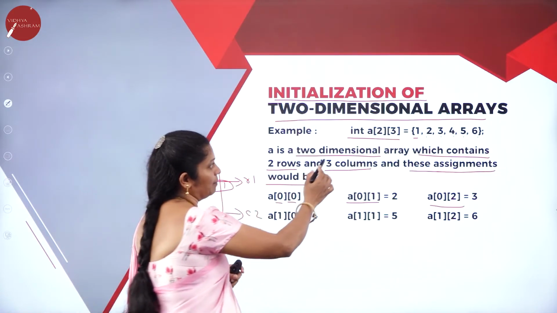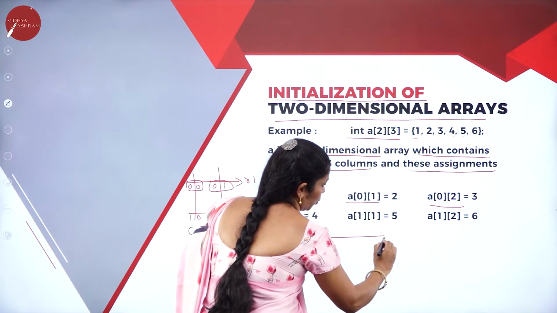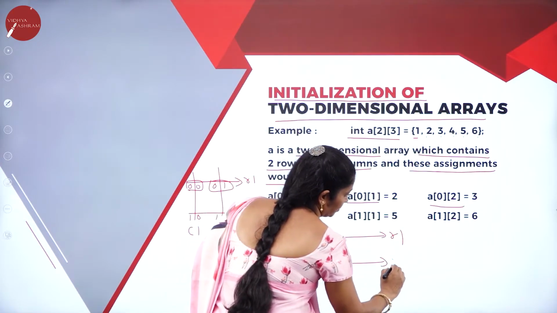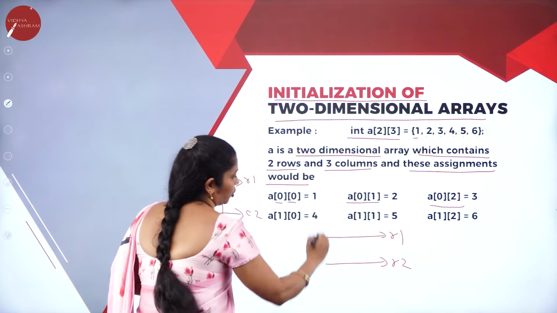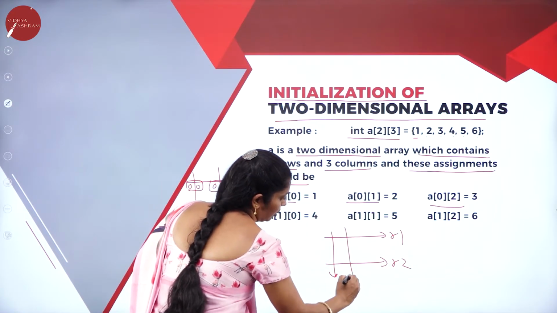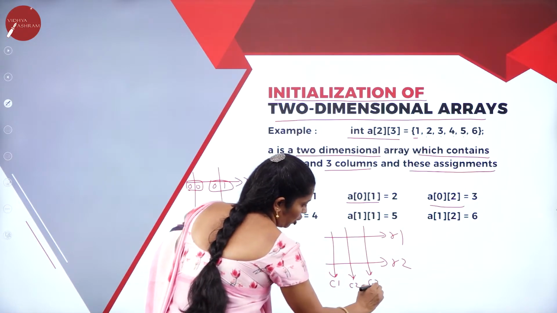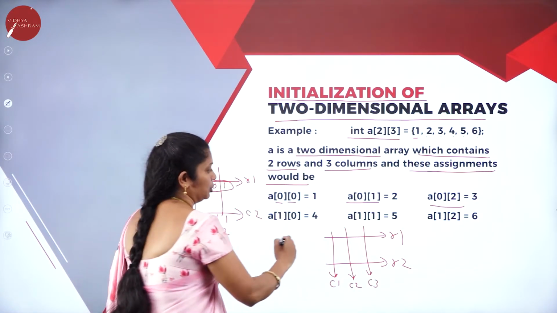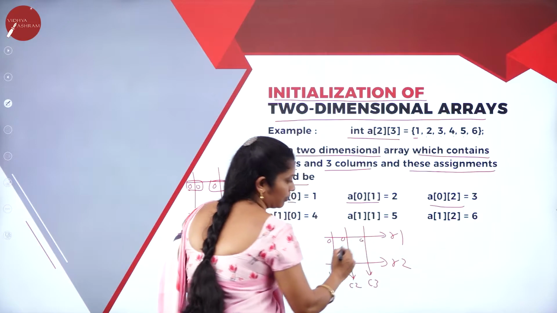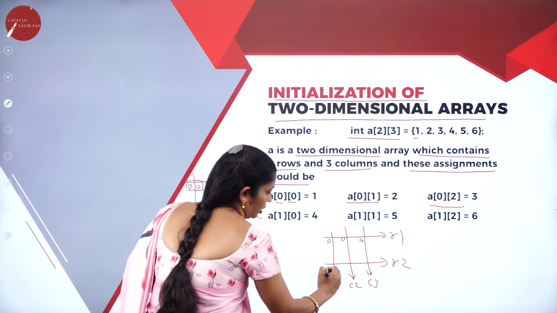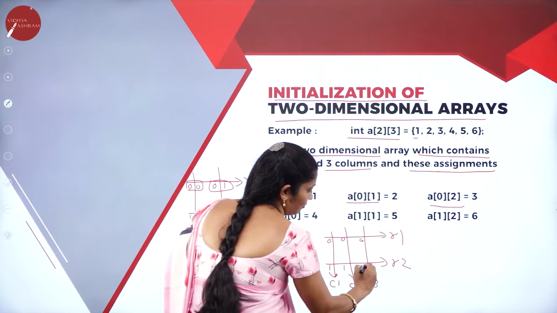That means in this example we have 2 rows, row 1, row 2, and column wise 3 columns, column 1, column 2 as well as column 3. Now first element position 0, 0, 0. Then write the second row 1, 1, 1.